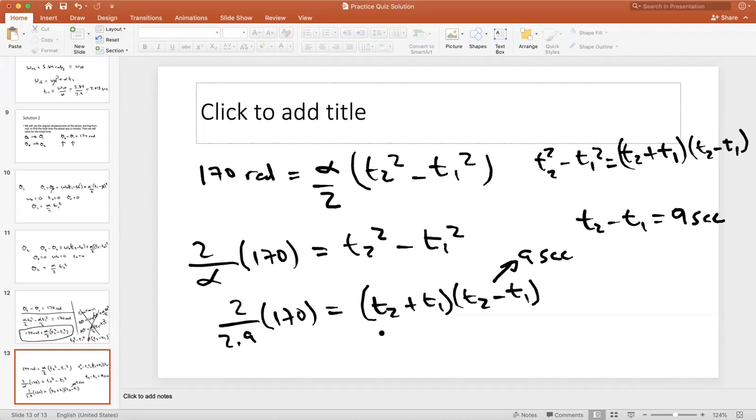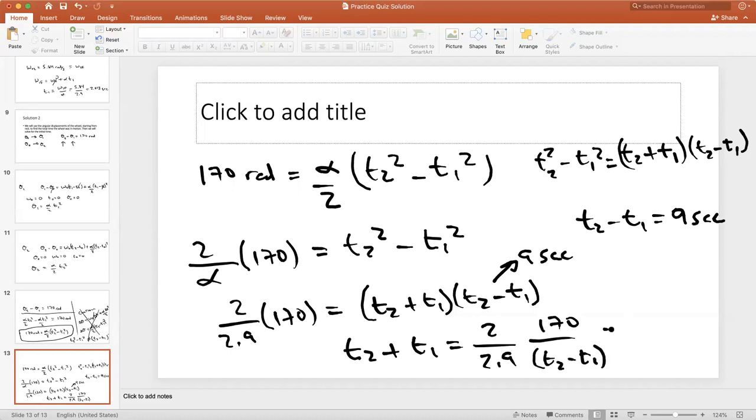All right, so t2 plus t1 is equal to 2 over 2.9 times 170 over t2 minus t1, which is 2 over 2.9 times 170 over 9.